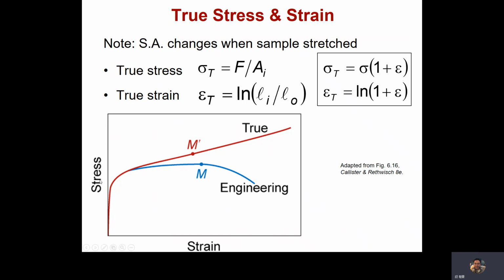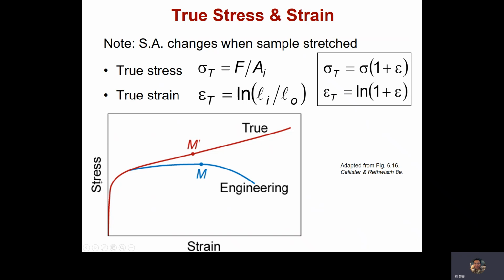Because when tensile testing, the cross-section area keeps reducing. That means the area keeps changing. But for the engineering stress and strain curve, the cross-section area A naught is a constant.